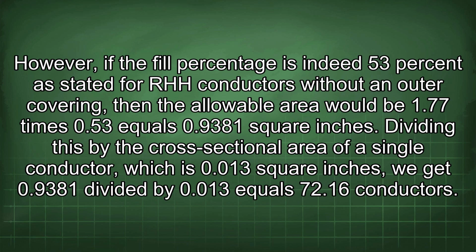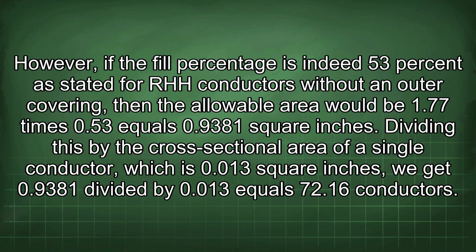However, if the fill percentage is indeed 53% as stated for RHH conductors without an outer covering, then the allowable area would be 1.77 times 0.53 equals 0.9381 square inches.